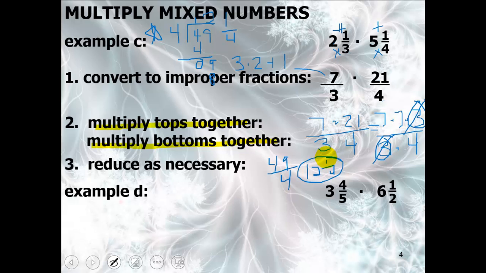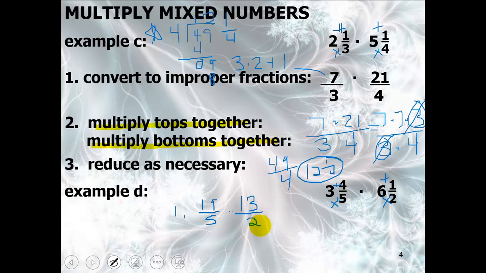All right, I'm going to first convert. So I have 5 times 3 plus 4. 5 times 3 is 15, plus 4 is 19 over 5. Now I'm going to convert 6 1/2. 6 times 2 is 12, plus 1 is 13 over 2.